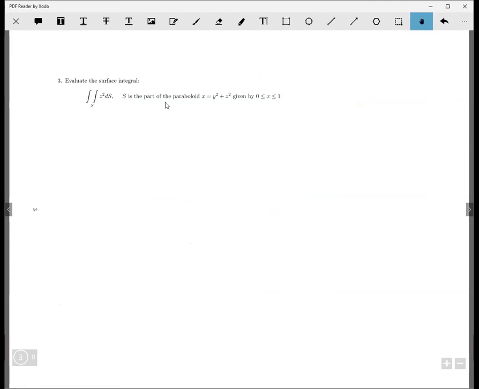Okay, so here we have evaluating the paraboloid. And here we have x equals y squared plus z squared, given by x between 0 and 1. Okay, so let me show you a little trick, which you might have already figured out.